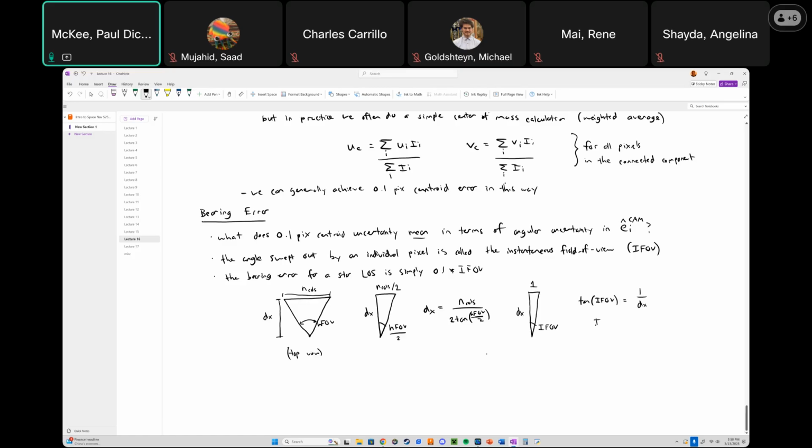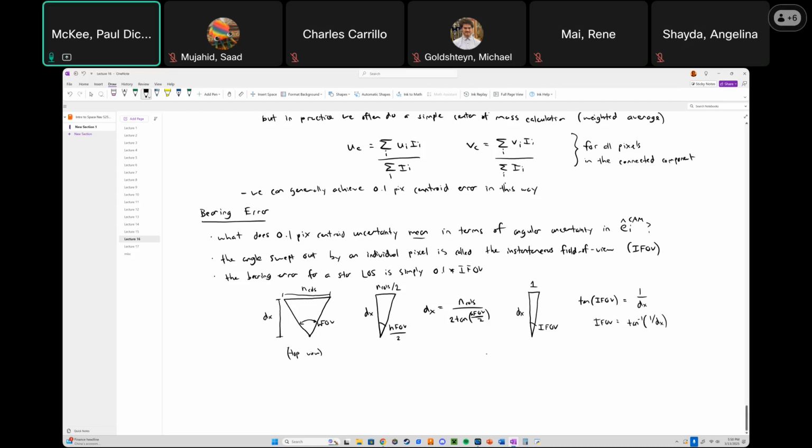So instantaneous field of view is your arctangent of 1 over dx. We're assuming for a calibrated camera, the dx would be given to you, so here we are. So the angle swept out by 1 pixel is your instantaneous field of view.